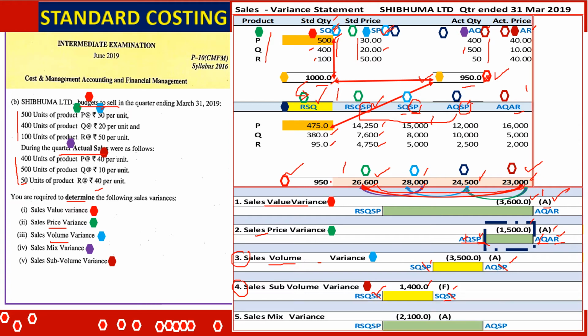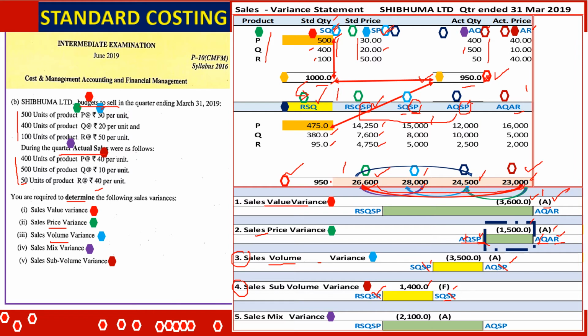It is RSQSP after two columns is AQSP. These two. It is simply toggling between the two columns. If you look into, it is 24,500 minus 26,600, and that is the total of sales mix variance.